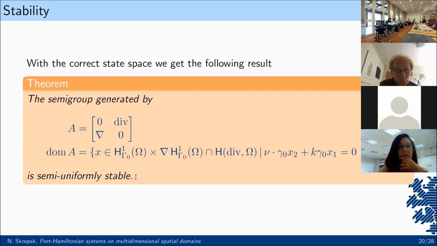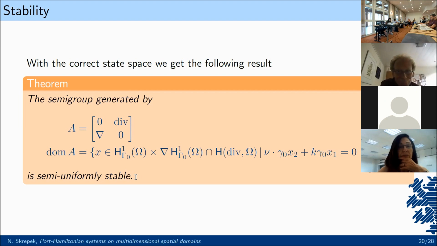You can also get some results at which speed this goes to 0 if you look at the Helmholtz theory, but you need further assumptions. The Helmholtz theory delivers some decay rates, but you need extra assumptions for this to work.